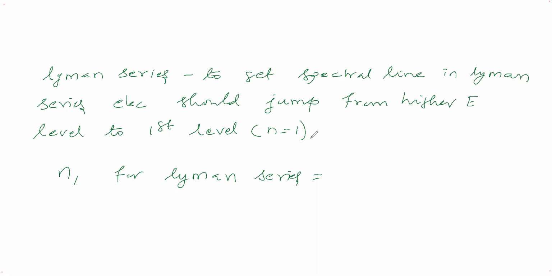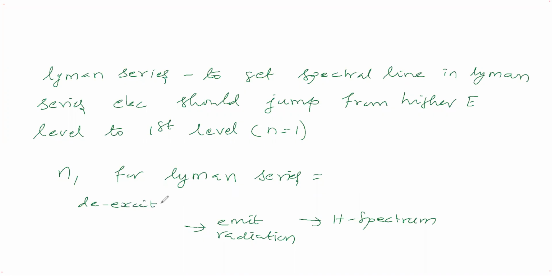Hydrogen lamp is emitting radiation, and due to that we are getting the hydrogen spectrum. Why does the hydrogen lamp emit radiation? Because of de-excitation.